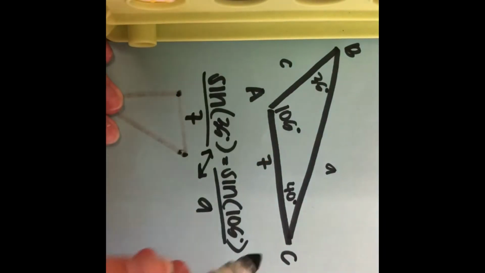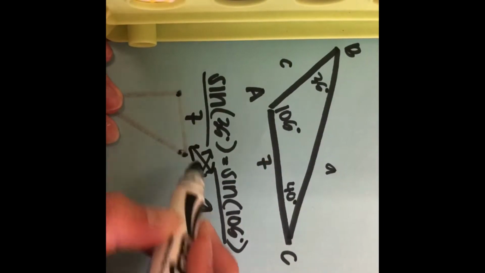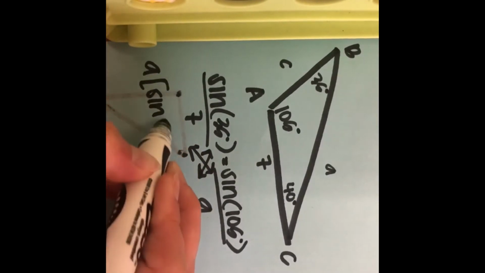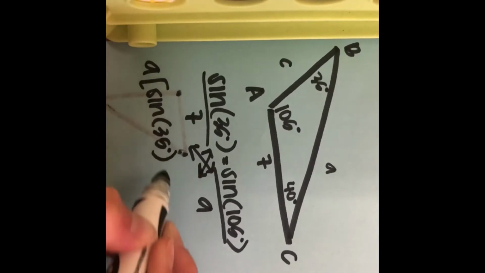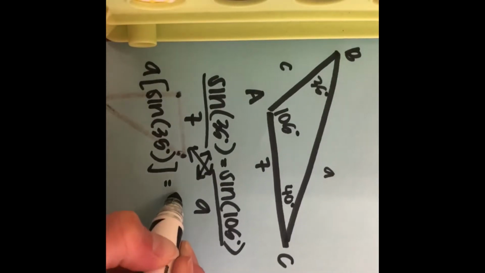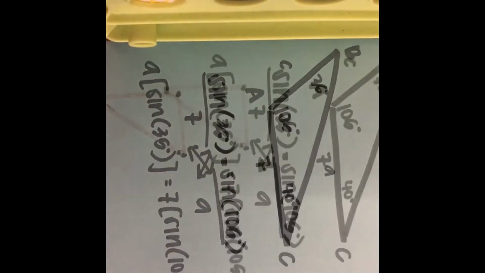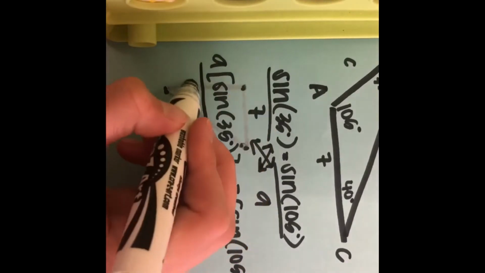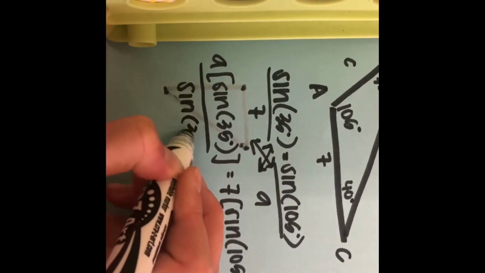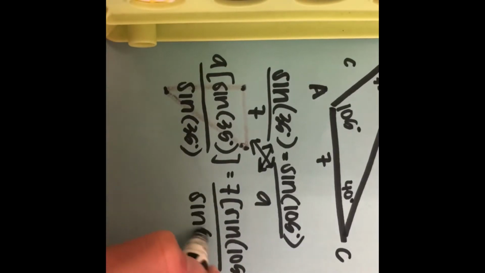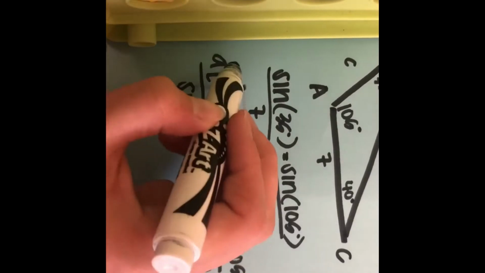Now that we know the sine of 35 over 7 is equal to the sine of 105 over the missing side of A, we can cross multiply in order to get an equation. You can see that the equation is A times sine of 35 is equal to 7 times sine of 105. Since we're trying to find A, we divide A times sine of 35 by sine of 35 to get it by itself. And since we do it to one side, we have to do it to the other.